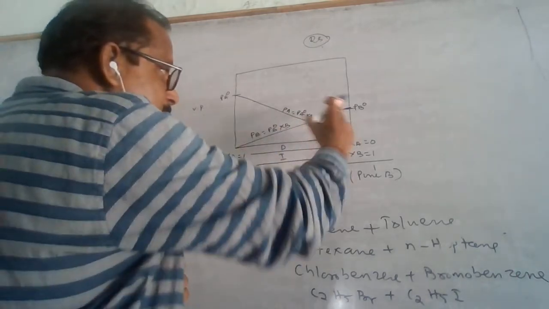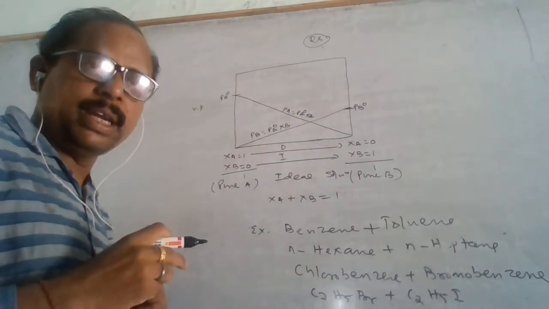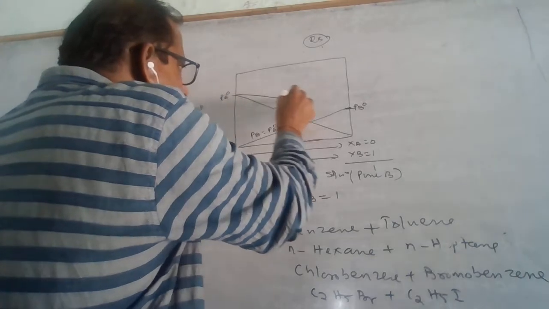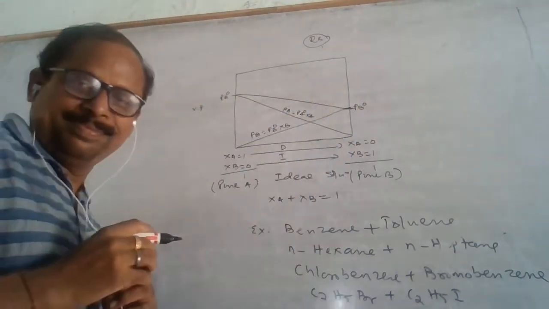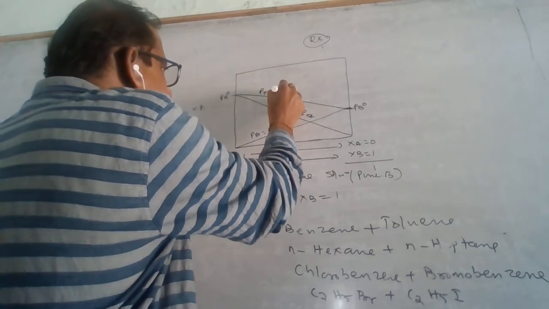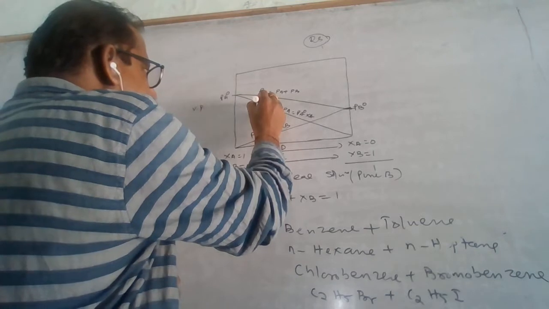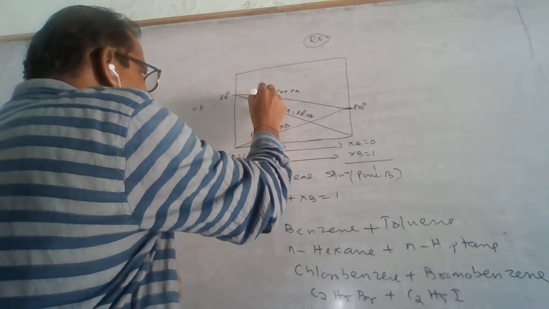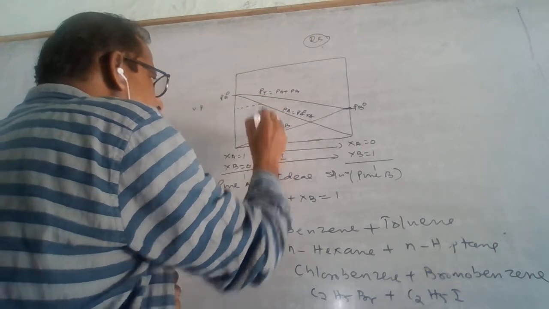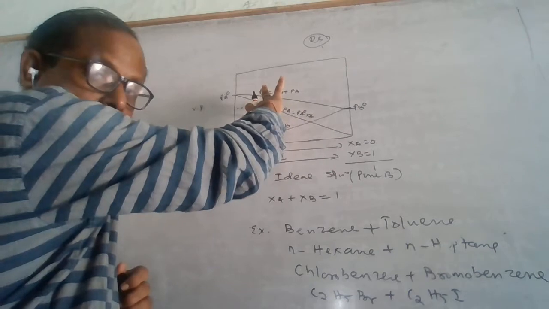So this line represents the partial vapor pressure of B, and this line represents the partial vapor pressure of A. If you put a line here, this represents PT, that is PA plus PB.